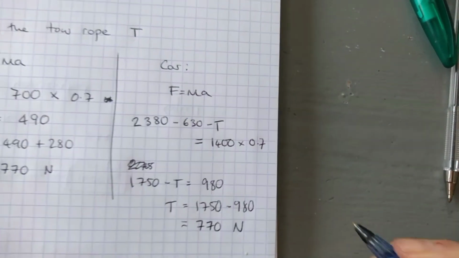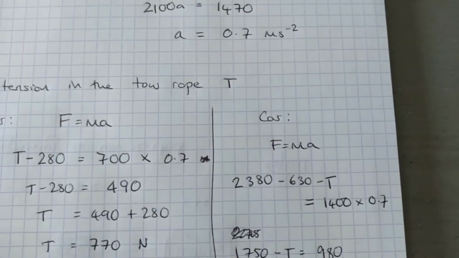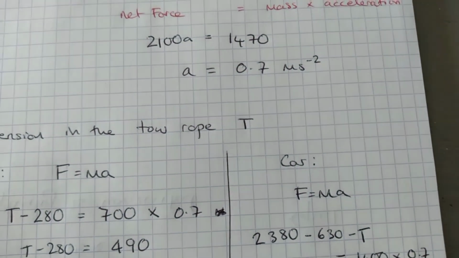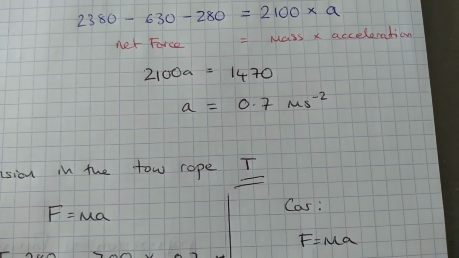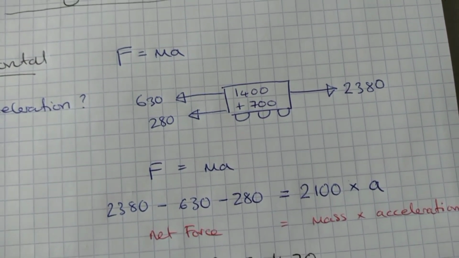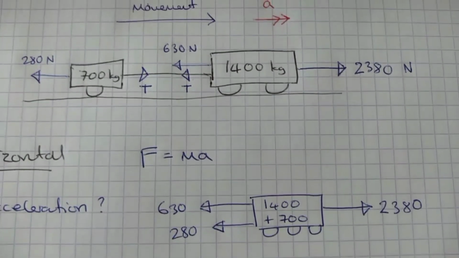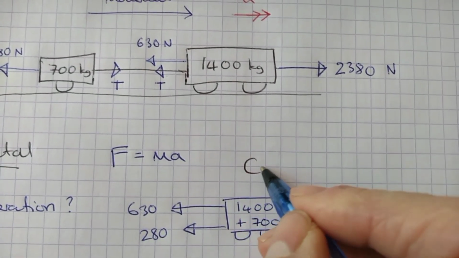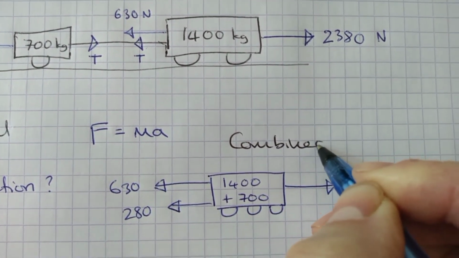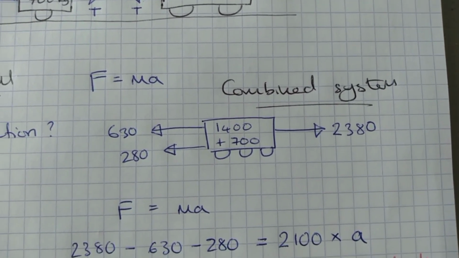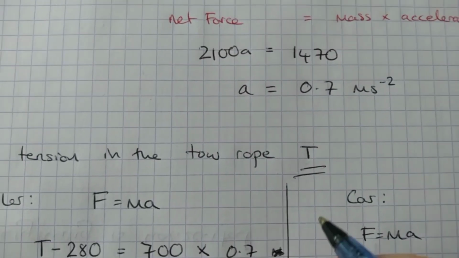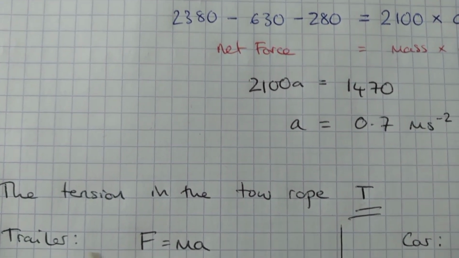770 newtons. So this is where we look at them separately, as if we want to find this tension in the tow rope, we have to look at one or the other object. If we're looking at the acceleration of the whole system, we can kind of combine. And so for part B, we looked at one or the other.